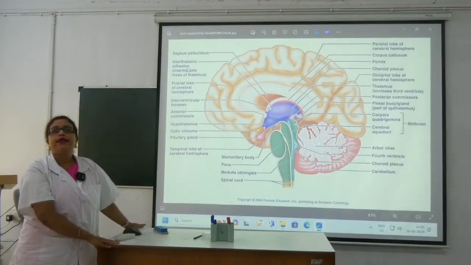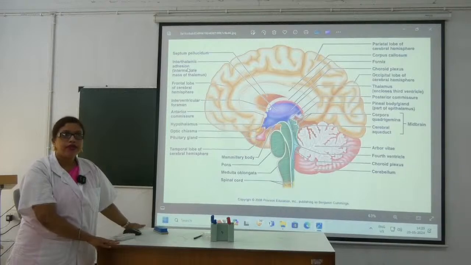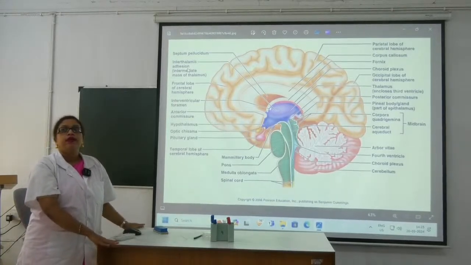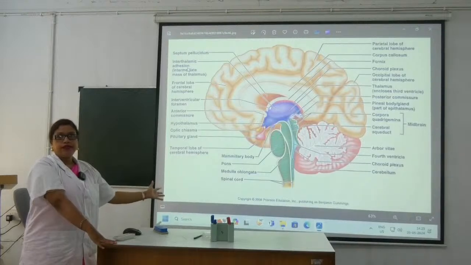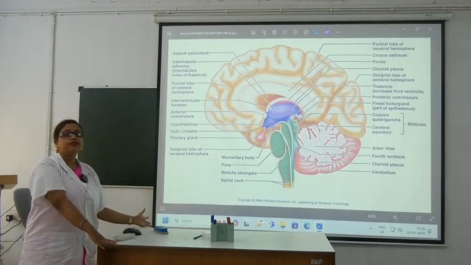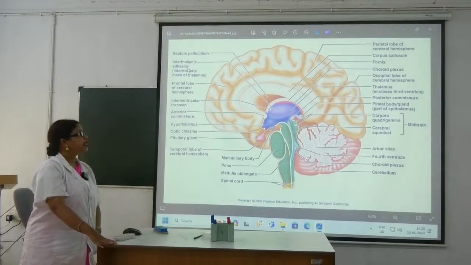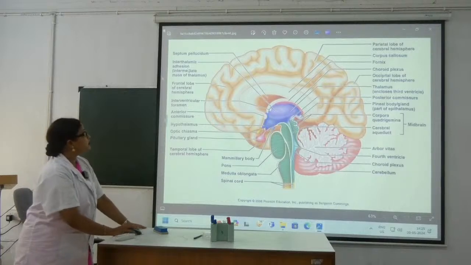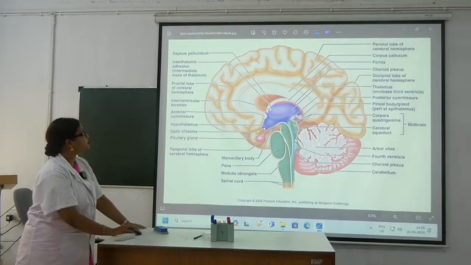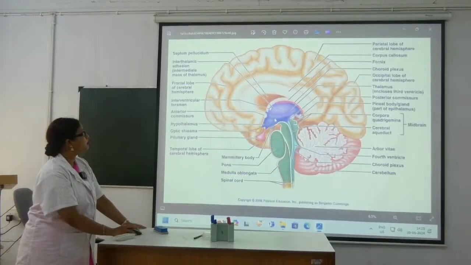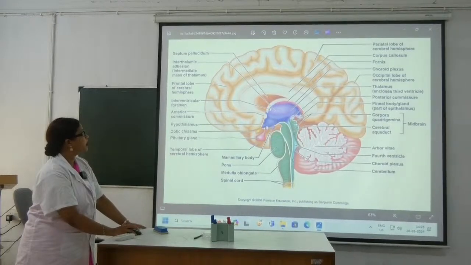Then rather than that, you will also get the derivative of diencephalon is the thalamus. Just now I said diencephalon is thalamus. Then the metathalamus. What is this? Tell me. This is the thalamus. So which is the hypothalamus? This is the hypothalamus. এই পার্টটা দেখ hypothalamus দেখাচ্ছে, right?